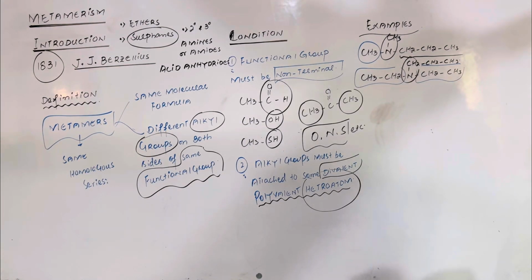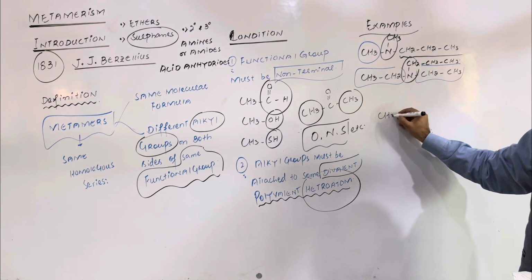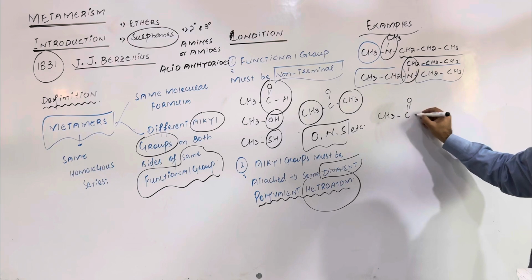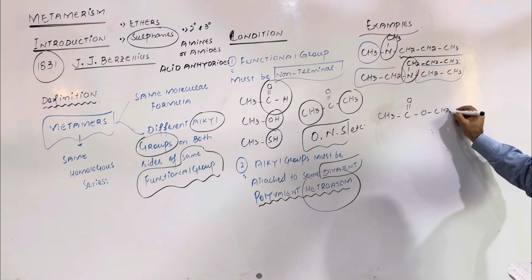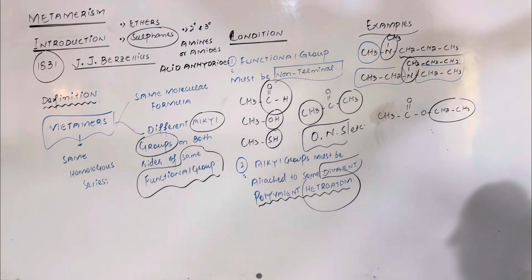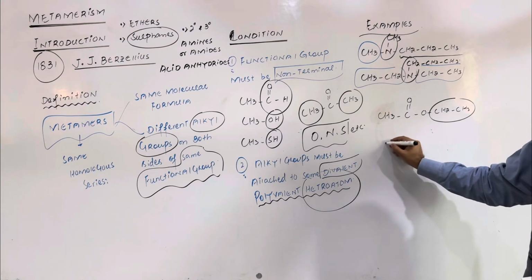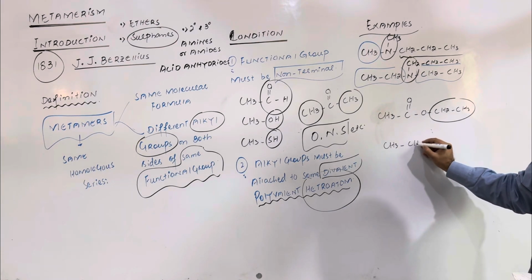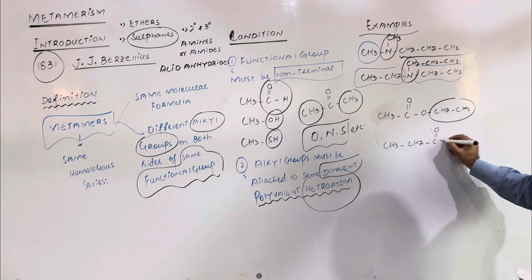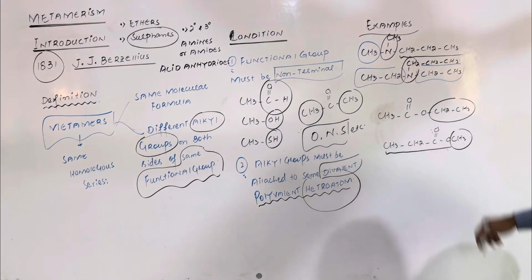Now let us take some examples from the acid anhydride. You are well aware that this one is ethyl acetate, and similarly this one is methyl propionate.